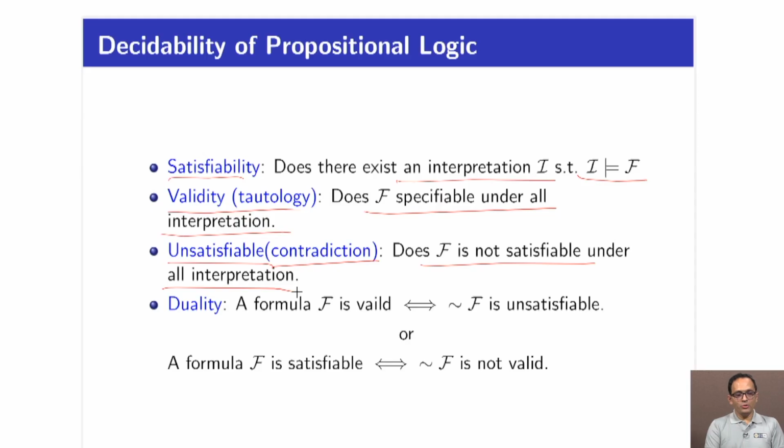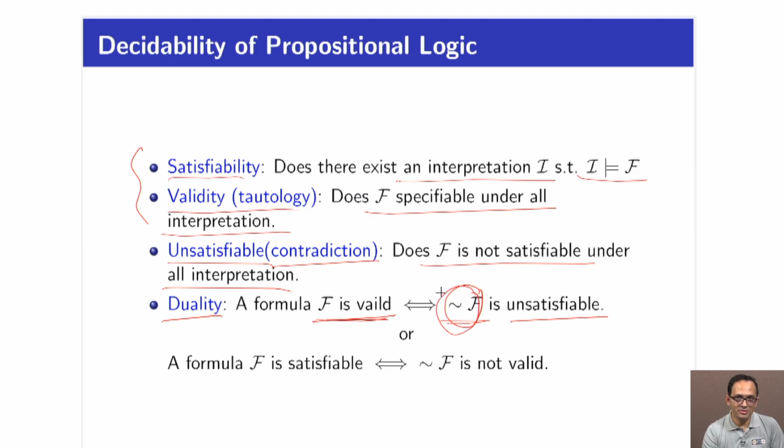Okay. So, usually the satisfiability and validity problems are dual. What do I mean? If the formula f is valid, it means the negation of f is unsatisfiable. Valid means it is true for all possible interpretations. So, that means for all interpretations, not f is false.